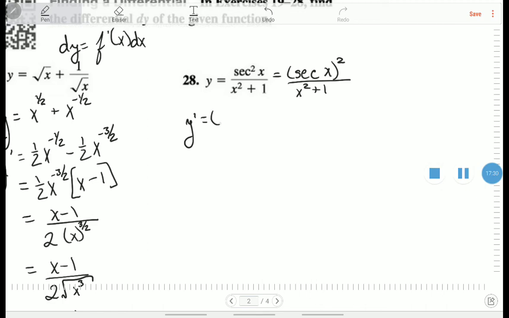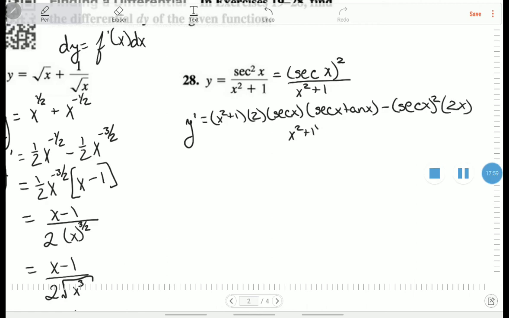Quotient rule says it's the bottom times the derivative of the top. So I'm subtracting 1 from the exponent, and then I take the derivative of the inside. The derivative of the secant is the secant tangent. So bottom, derivative of the top, minus the top, times the derivative of the bottom, all over the bottom squared.